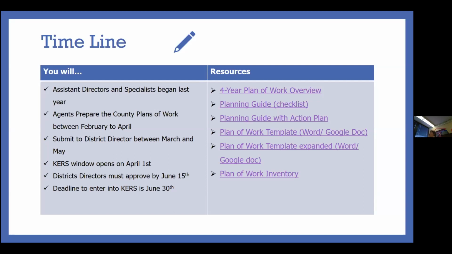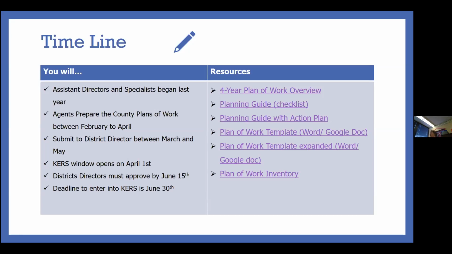So right now is when you should be working on your plan of work. They need to be submitted to the district directors before they can be entered into KERS. You also probably want to run them past your extension council and advisory council members to get some of their input as you're developing that plan of work. The KERS window to submit your plan of work opens up on April 1st, but it closes on June 30th.